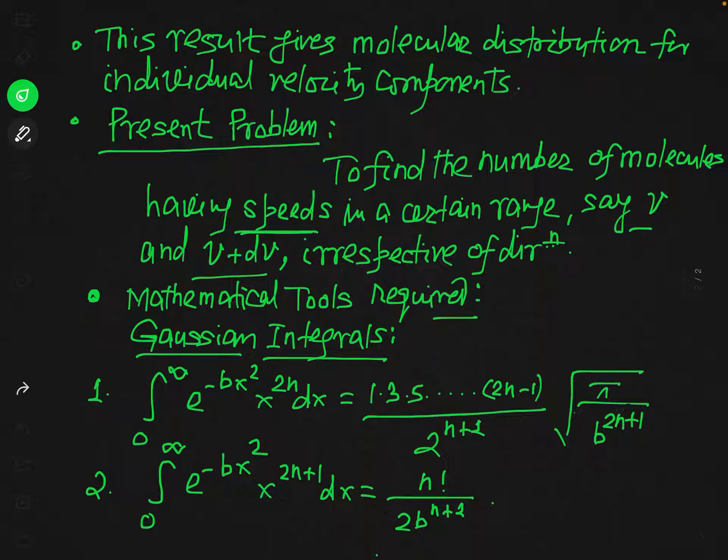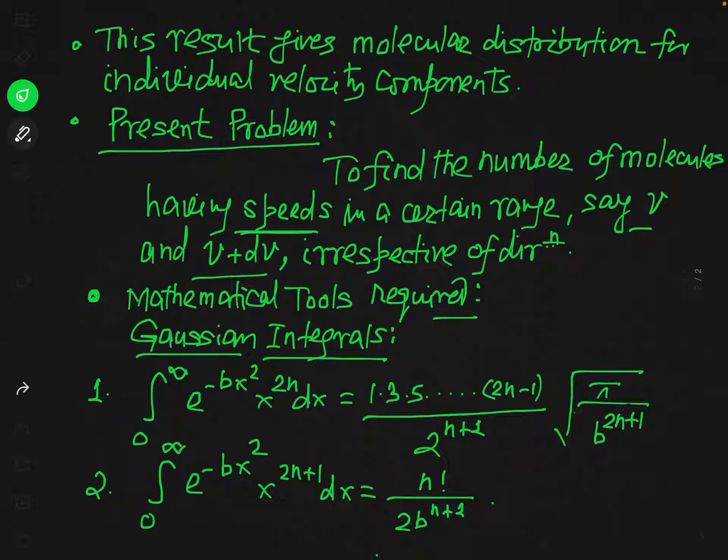In the first two lectures we discussed the distribution of molecular velocity, and in this lecture we are going to discuss the law for the distribution of molecular speed, which is more applicable or more important than the previous one.